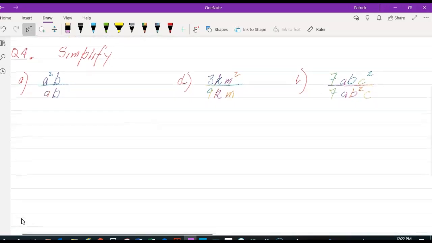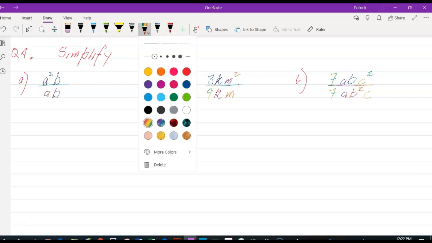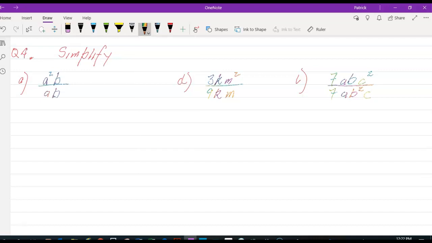Looking at question 4, part A, again we see simplify, which refers to all of them. So we've got a squared divided by a, so that gives us a to the 2 minus 1. So that leaves us with 1a, which equals a.